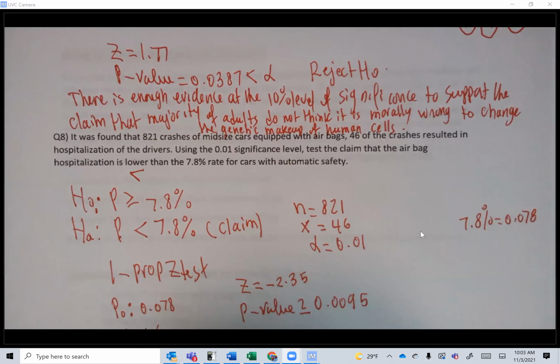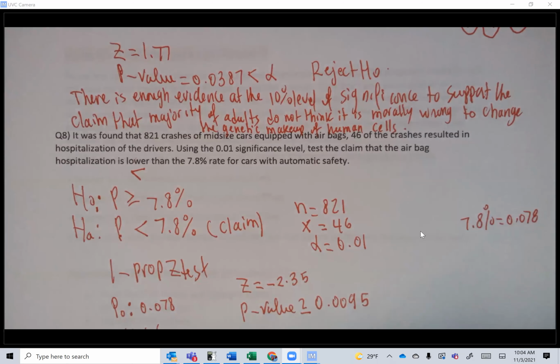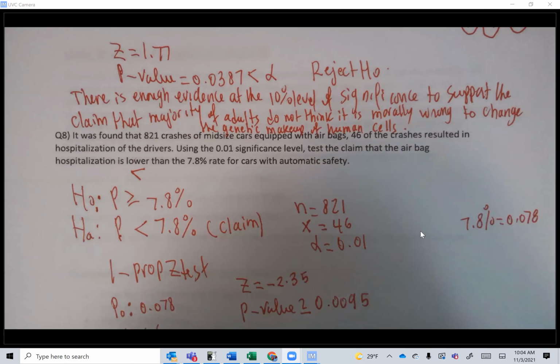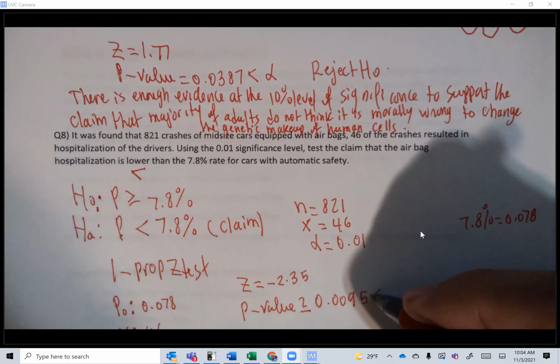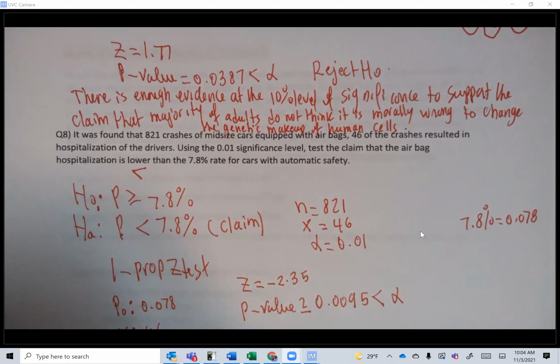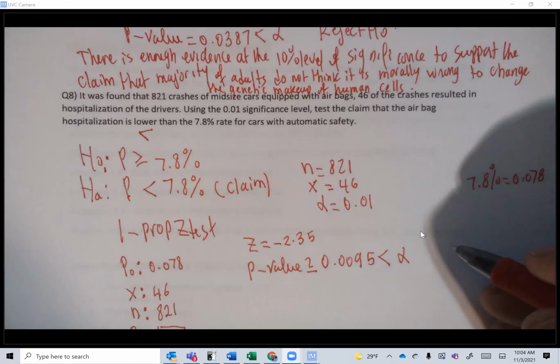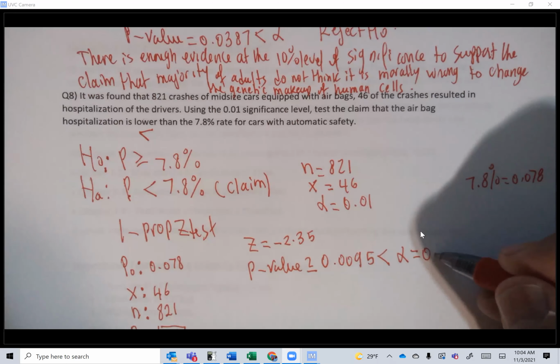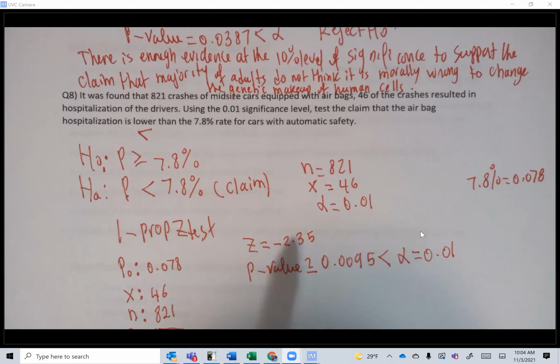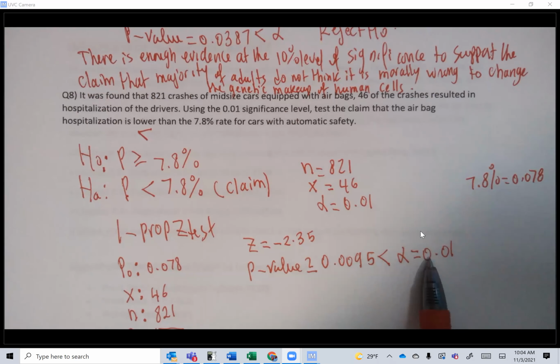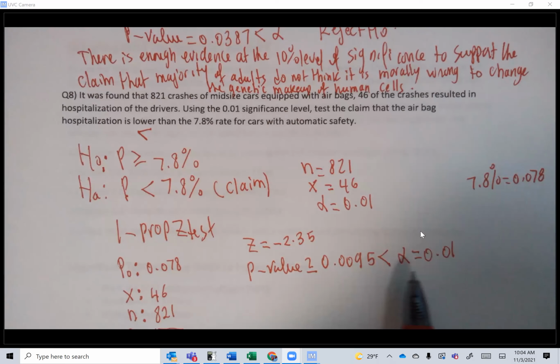So that's less than alpha, of course. Alpha is 0.01. And again, here's how I compare, guys. 0, 0, they're the same. Dot, dot. 0, 0, they're the same. Now, second digit is 0. This one is 1. Well, 0 is less than 1, so you can stop. It's less than. We reject H0.